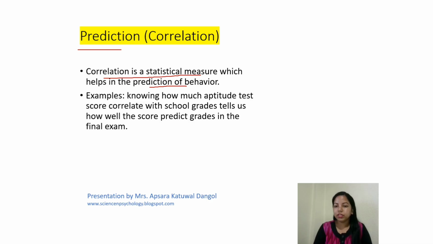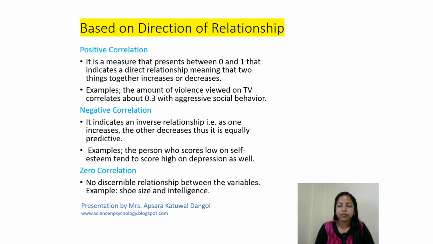Suppose a student has scored 75% in the first exam, we can predict that maybe he or she will score more than that in the second term exam. So prediction helps us in predicting the behavior of an individual based on the direction of relationship.